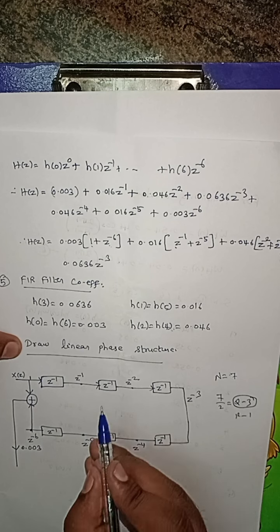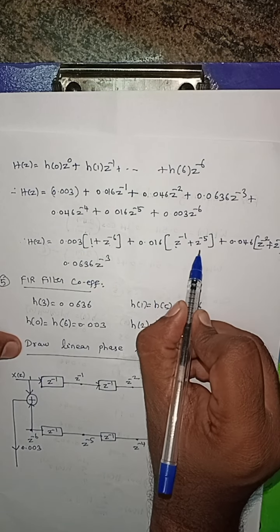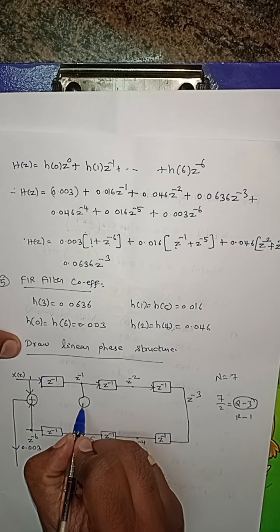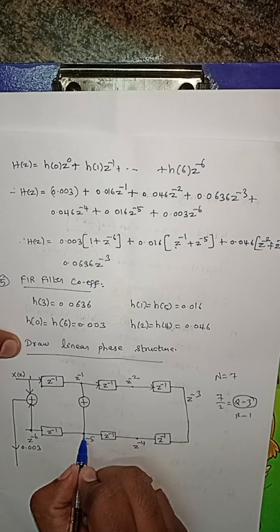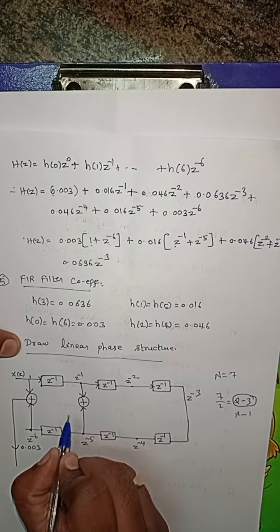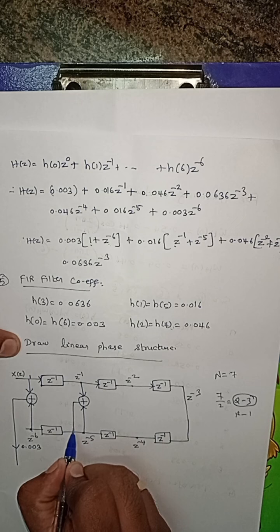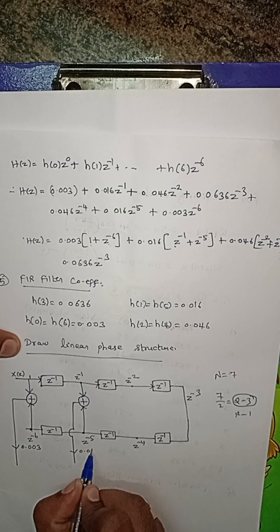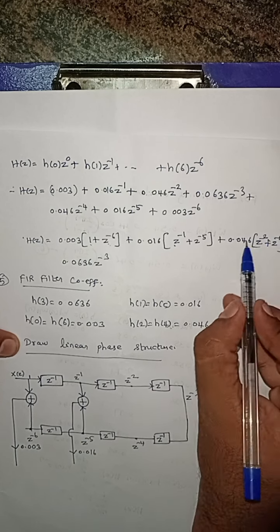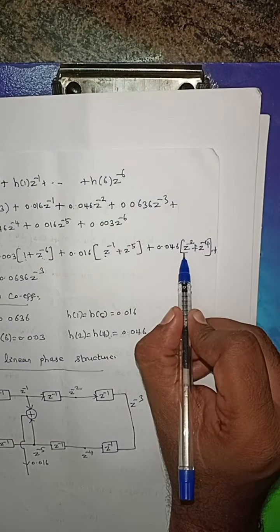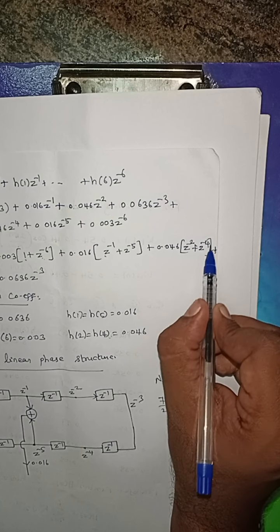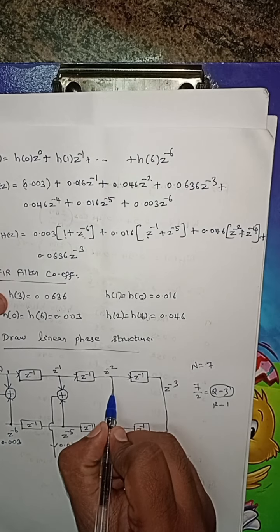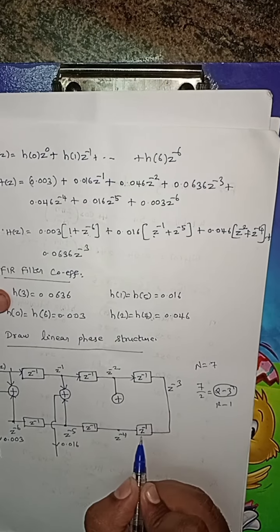0.003. Okay. Next, z power minus 1 is added with z power minus 5. So this z power minus 1 is given to the input of the adder, and z power minus 5 is also given to the input of the same adder. So the output of this adder is z power minus 1 plus z power minus 5. It is multiplied with 0.016. Similarly, here z power minus 2 is added with z power minus 4, and this addition is multiplied with 0.046.